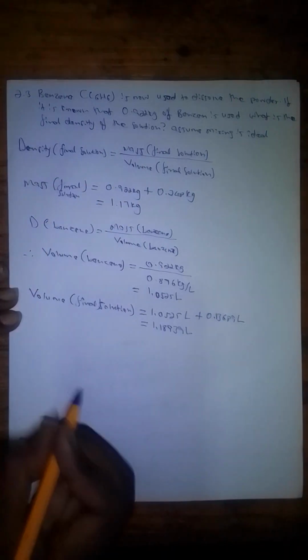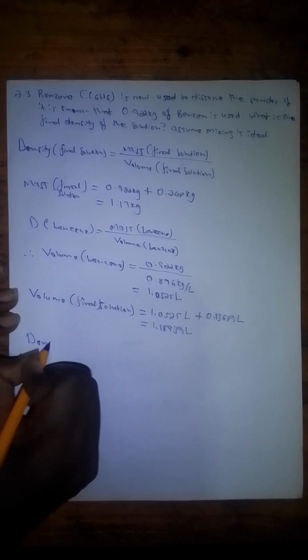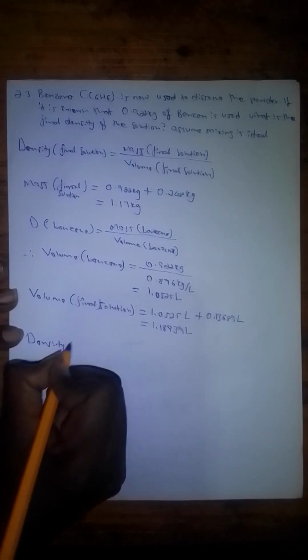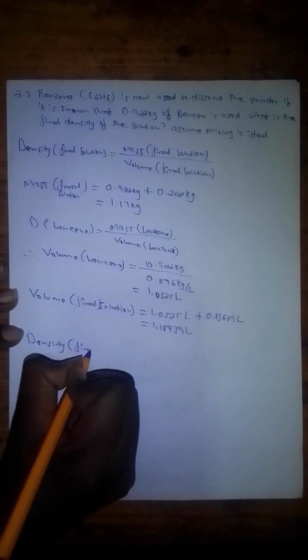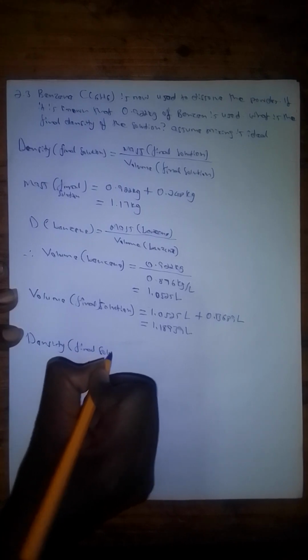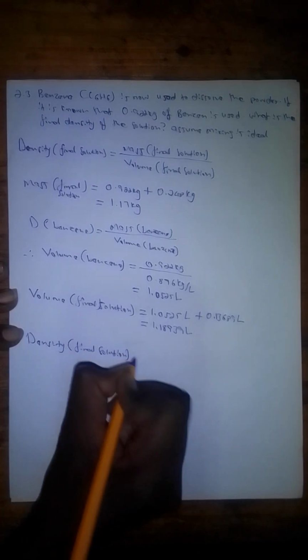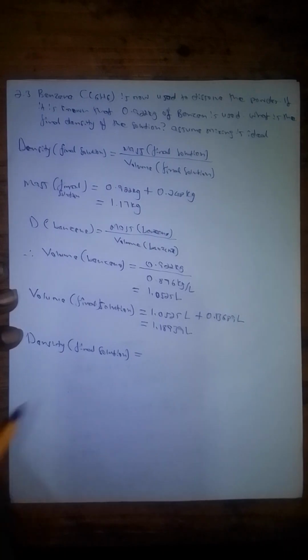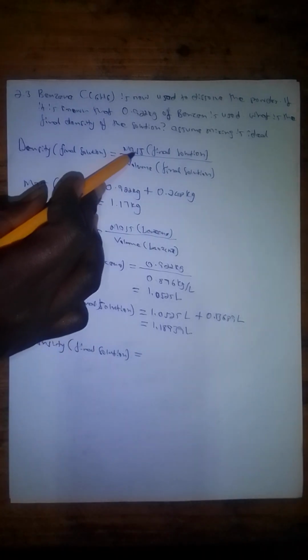And now going back to our density equation, we can simply substitute the values. We say the density of the final solution is equal to the mass of the final solution.